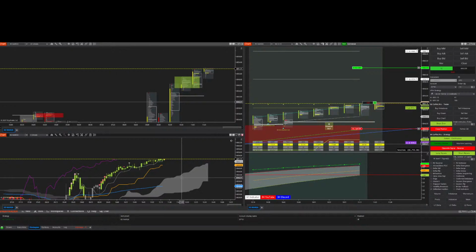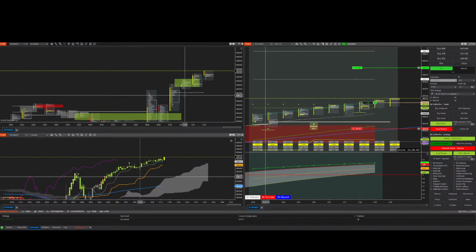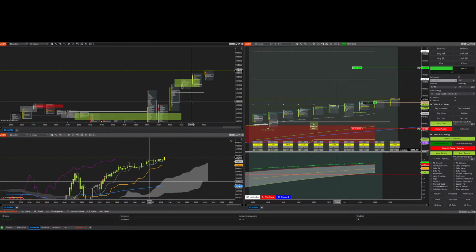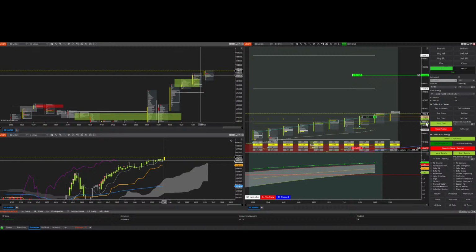Looking here, we had a squeeze here at the top of the move, and it's pushing here. This may be the launch we were expecting. It's getting a little aggressive now.